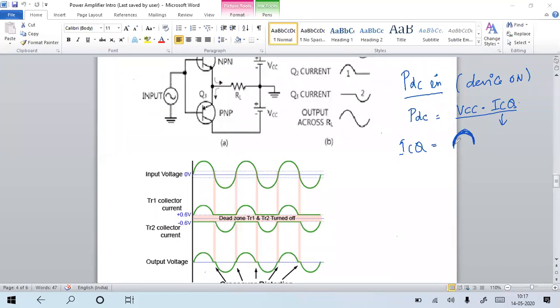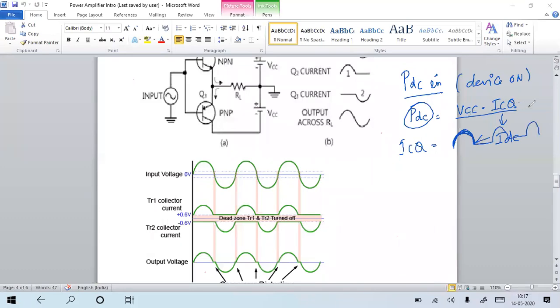So I have to calculate IDC. This is the nature of an alternating signal, but this is also DC current because only one half of the cycle conducts, and the remaining half is not conducting. Only the positive cycle, so our current is always positive. So this is also DC in nature.